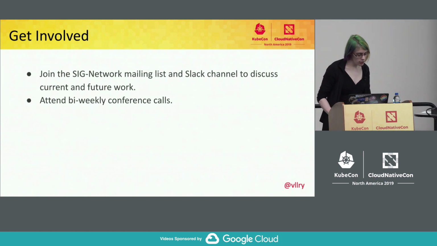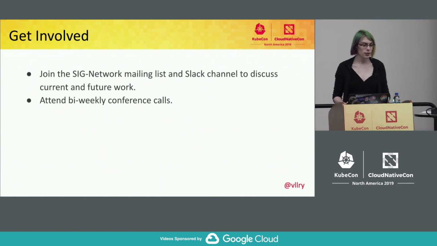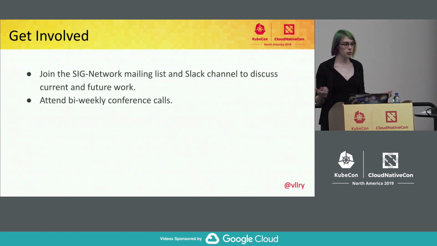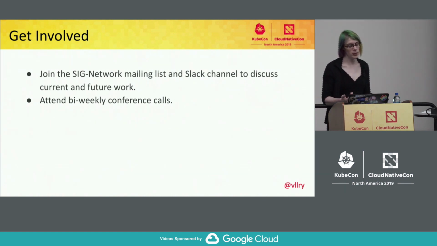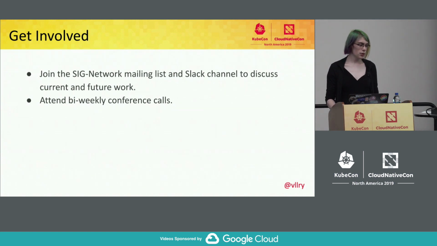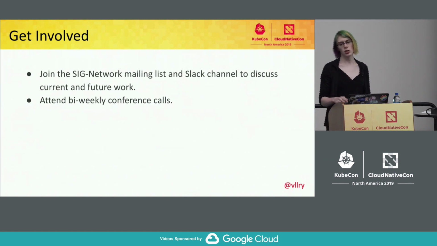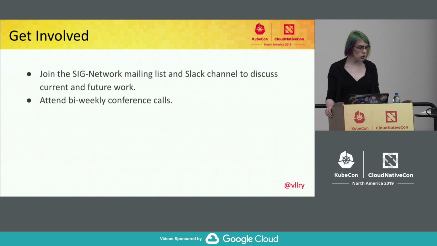So if you want to get involved with the SIG, it's relatively easy, dare I say. I got involved first a year ago at last KubeCon North America. There's a couple different ways we communicate. Slack and probably mailing list are the best ones. Didn't actually put a link here to the SIG-Network info page, but if you just Google Kubernetes SIG-Network, you'll find us.